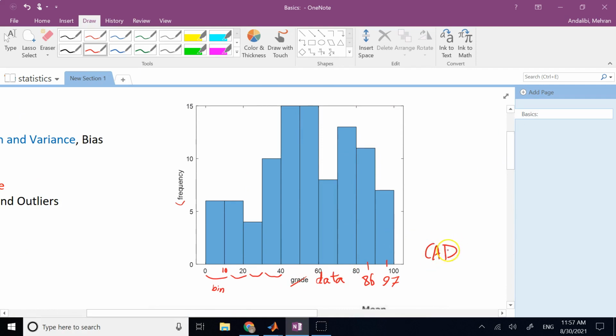Okay, how many of these data should I collect? There are lots of CAD classes all over, let's say, the United States, and there are so many students, so many grades. How can I get every single data in those classes and then get this big histogram? It's not possible.